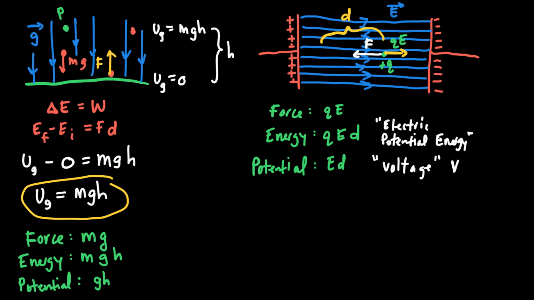And so in my picture for the gravitational field, I define somewhere as being the place where the gravitational potential energy or the gravitational potential is equal to 0 because I say that the height is equal to 0. And similarly in my picture, I want to call somewhere the place where the voltage or the potential or the electric potential energy is equal to 0.